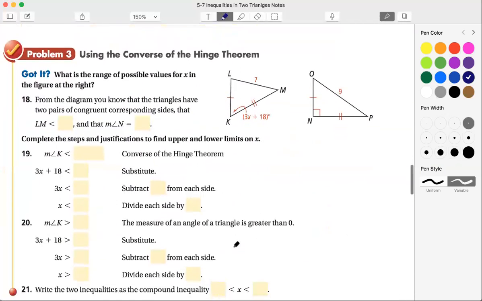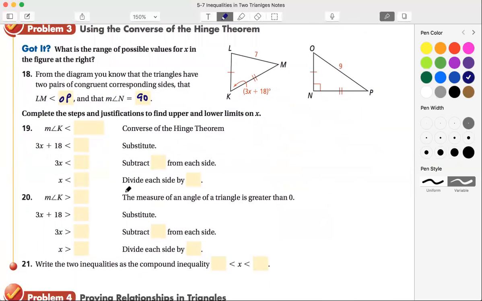All right. So from the diagram, you know that the triangles have 2 pairs of congruent corresponding sides. LM is less than OP, and that measure of angle N is equal to 90. So let's use this. Measure of angle K is less than the measure of angle N. By substitution, 3x plus 18 is less than 90. Subtract 18 from both sides, so 3x is less than 72.